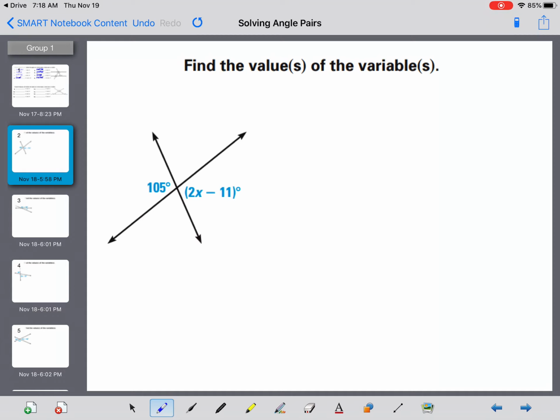Okay, here I see two straight lines intersecting each other, creating vertical angles, that bow tie effect. Vertical angles are congruent. Which means we could set 105 equal to 2x minus 11.